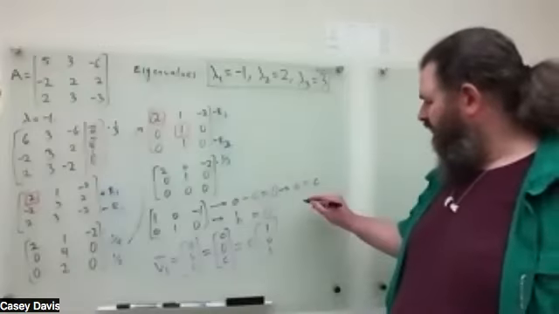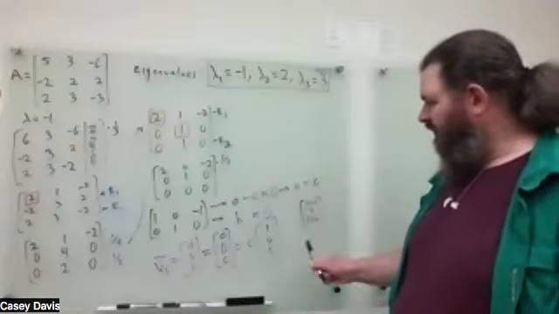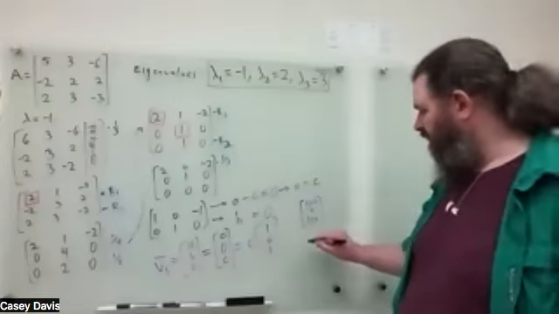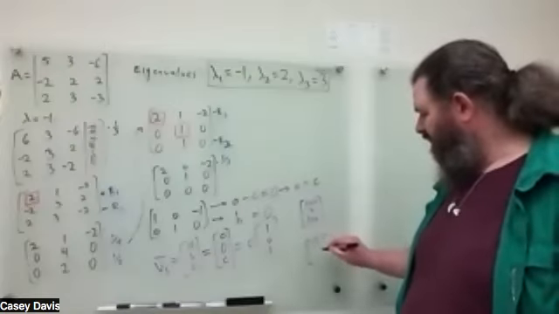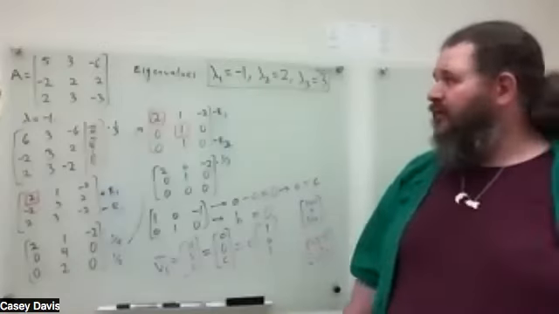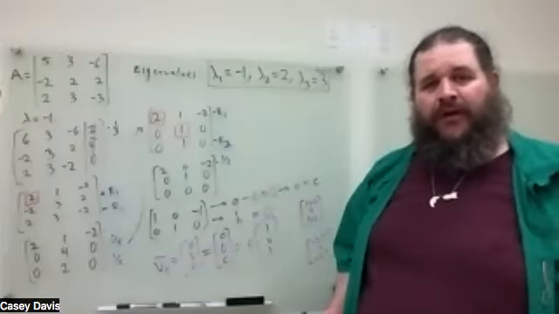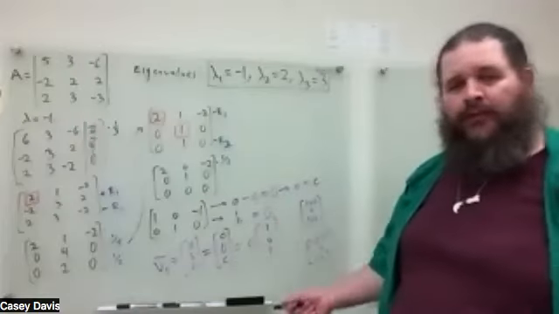So we could say, let C equal 100: 100, 0, 100. Or we could say, let C equal negative 3.7: negative 3.7, 0, negative 3.7. These would all be eigenvectors with eigenvalue negative 1. Of course, we only need to list out one of those, probably the simplest one, 1, 0, 1.